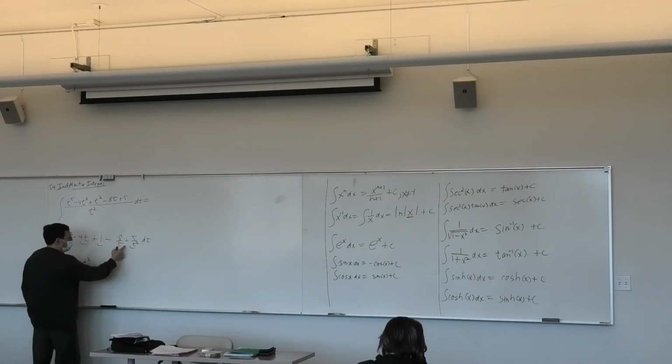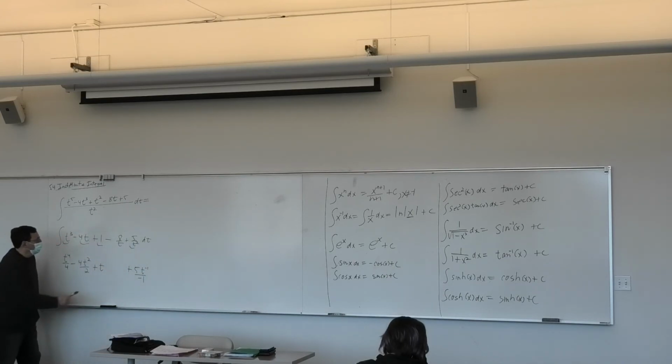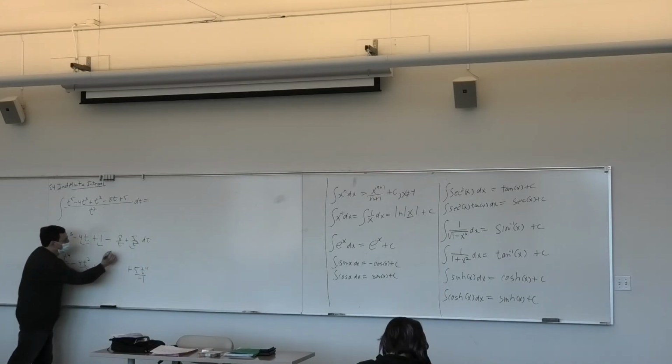We'll come back to this one. Okay, so 5, this is t to the minus 2, so it becomes t to the minus 1 over minus 1.